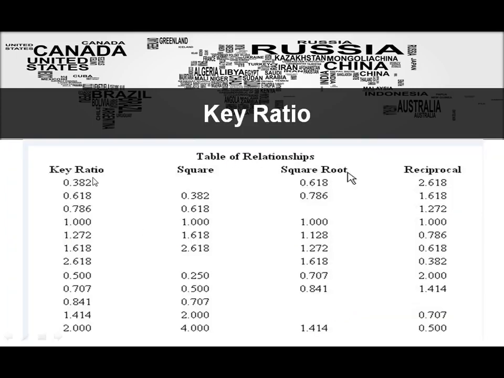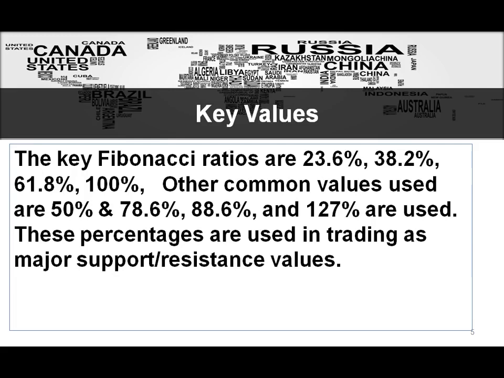If you look at the key ratio values, they're right here. You could do square roots and stuff like that. These are key values that you could see based on Fibonacci's. Now, the key Fibonacci ratios are right here: 23.6, 38.2, 61.8, 100%. Everyone understand that?